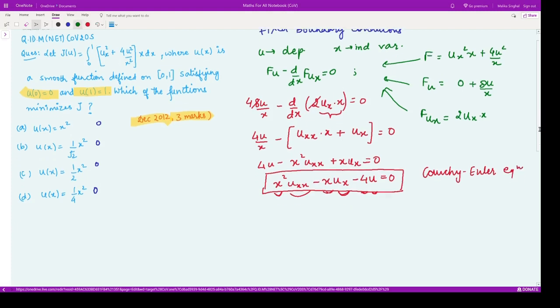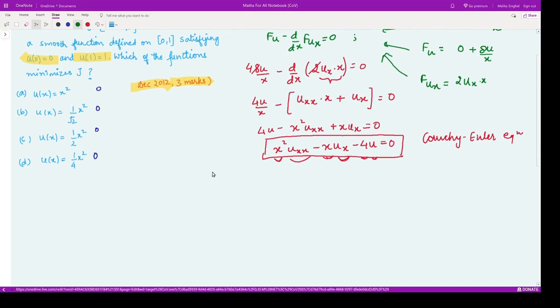To solve such equations, we make a substitution such that we replace the independent variable x with z. So I am substituting x is equal to e to the power z, so I have z is equal to log of x. This replaces the term x squared u_xx with D into (D minus 1) u, where D is the derivative with respect to z, and the term x u_x with D u, right?